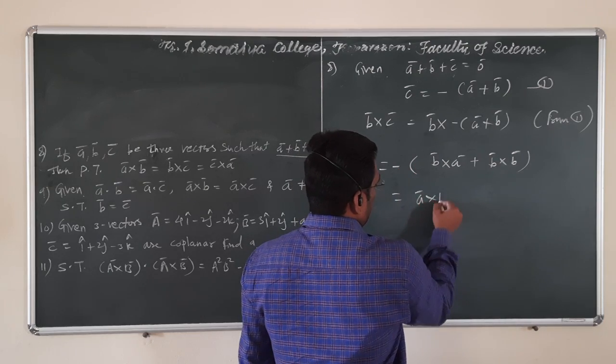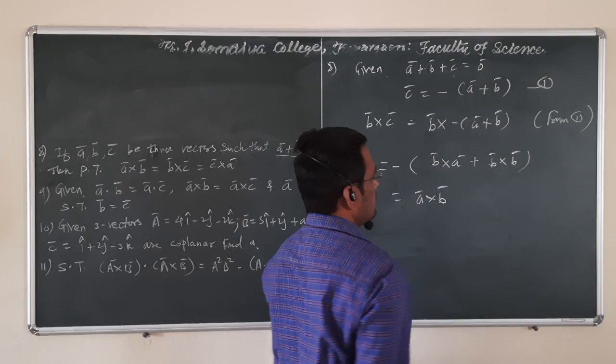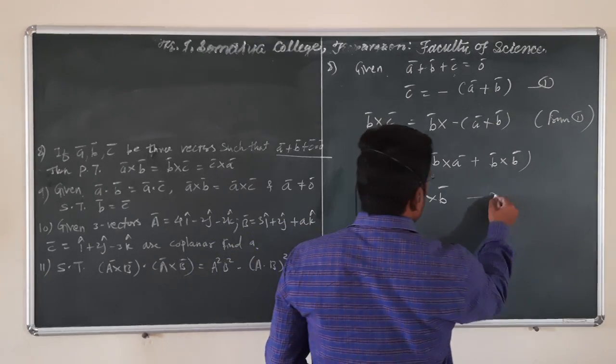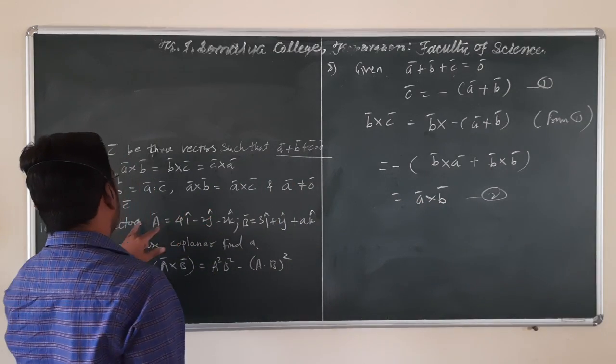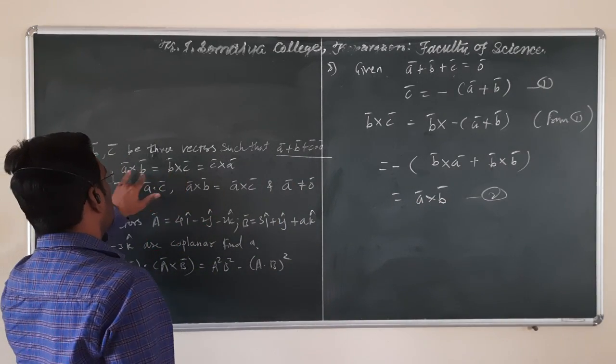So this is nothing but A cross B, and B cross B is also 0. Call this equation 2. Here we get B cross C is equal to A cross B.